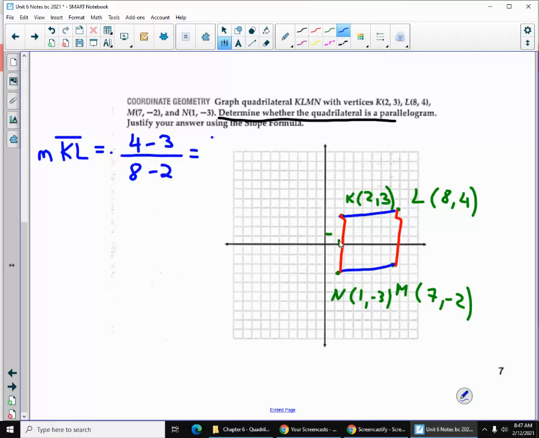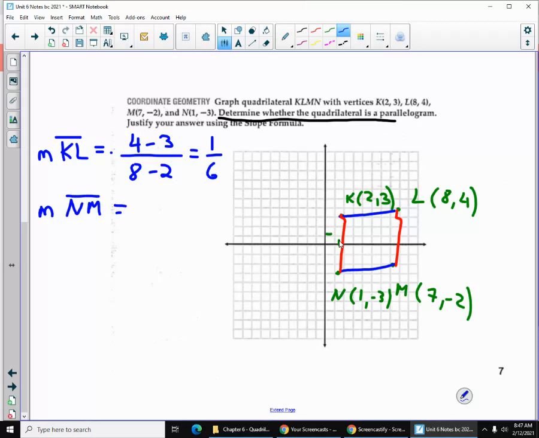So this would be 1 over 6. Now, I will find the slope of line NM, and I hope it will also be 1/6.